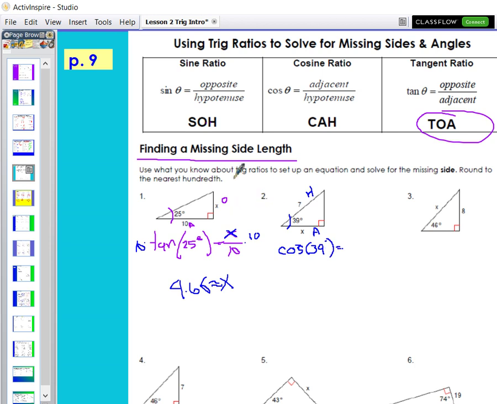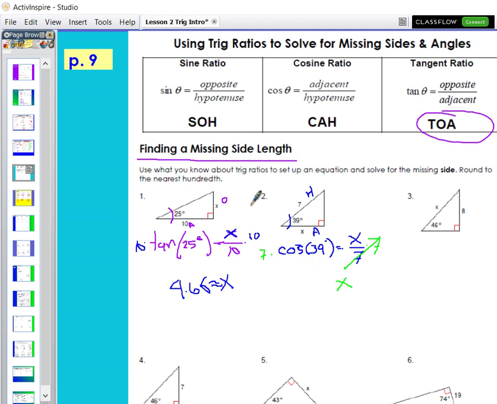Cosine of 39 degrees is equal to adjacent over hypotenuse, so x over 7. So this is solved a very similar way. We're going to multiply both sides by 7 to get x by itself. All right, and the 7's cancel, and we get x equals 7 cosine 39 degrees.